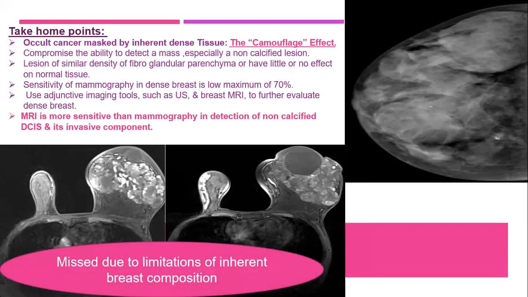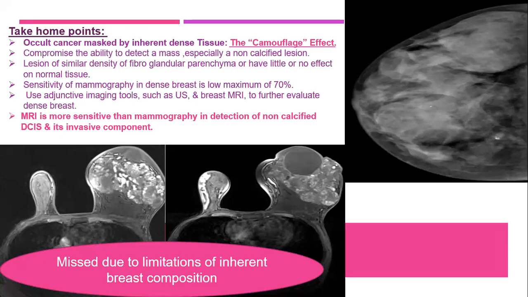And you know the confounding effect of the inherent breast density compromises the ability to detect the mass or any abnormality, especially a mass that is non-calcified or non-distorted. And lesions having similar density to fibroglandular parenchyma, or having little or no effect on the normal tissue, will definitely be occult on mammography.